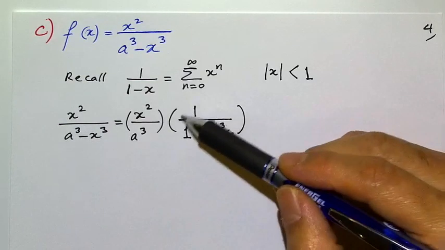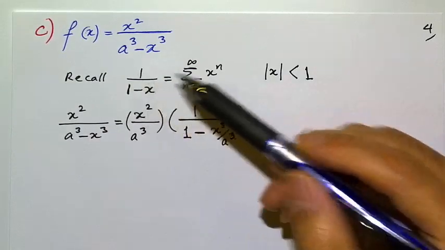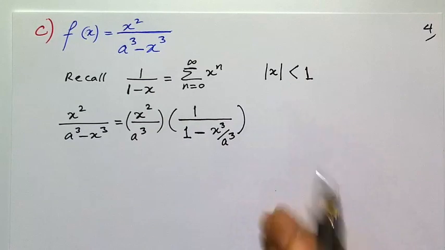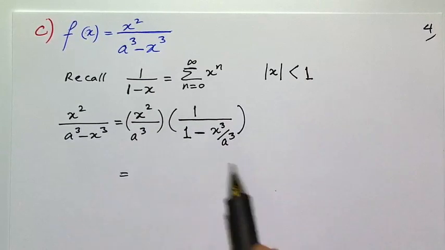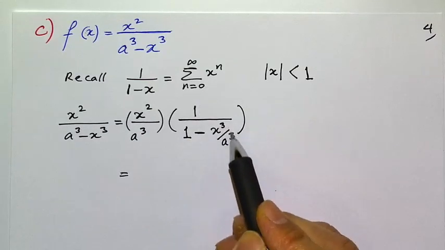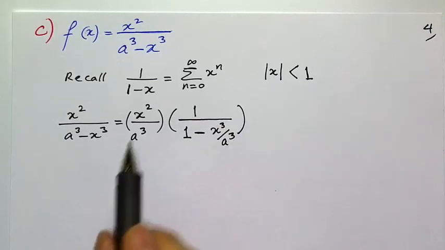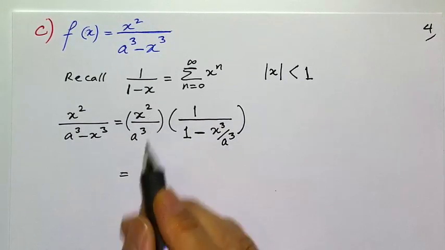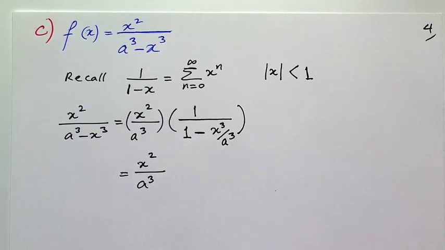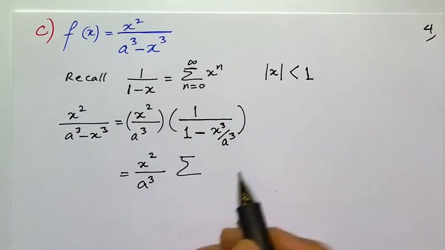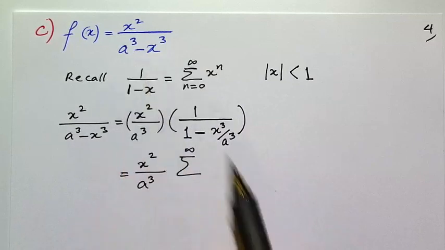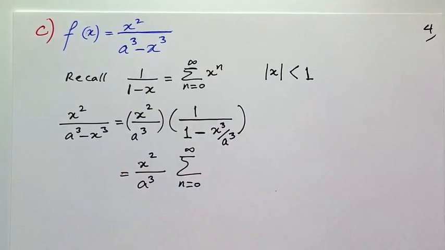Okay, now compare this with that, right? Instead of x, we have that. So which means in the next step, we can then replace x with x cubed over a cubed, right? Let's do that. But let me not forget this factor in front. So x squared over a cubed should be multiplied by, I'm going to modify this side to match this function, n equals 0.